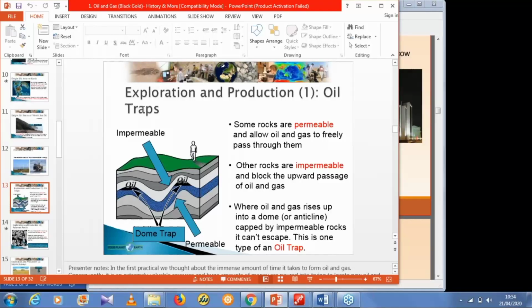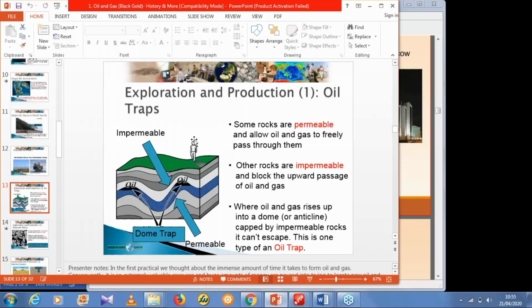Now, in terms of exploration and production, which I mentioned earlier, we have some rocks that are permeable. Permeable means that it will allow oil and gas to freely pass through them. Then we have some that are impermeable.